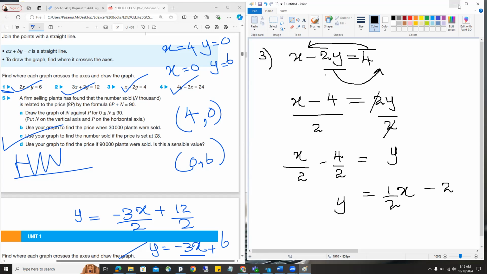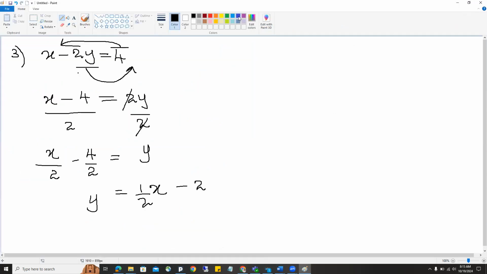Is it clear? Yes, miss. Okay. Now, when x is equals to 0, what is the y value? Tell me. It is minus 2. Very good. When x is equals to 0, the y value is minus 2.